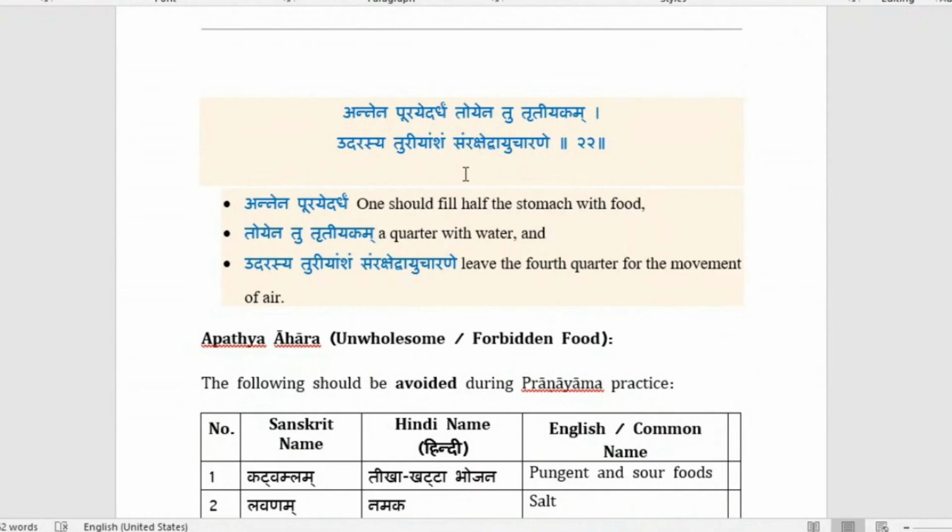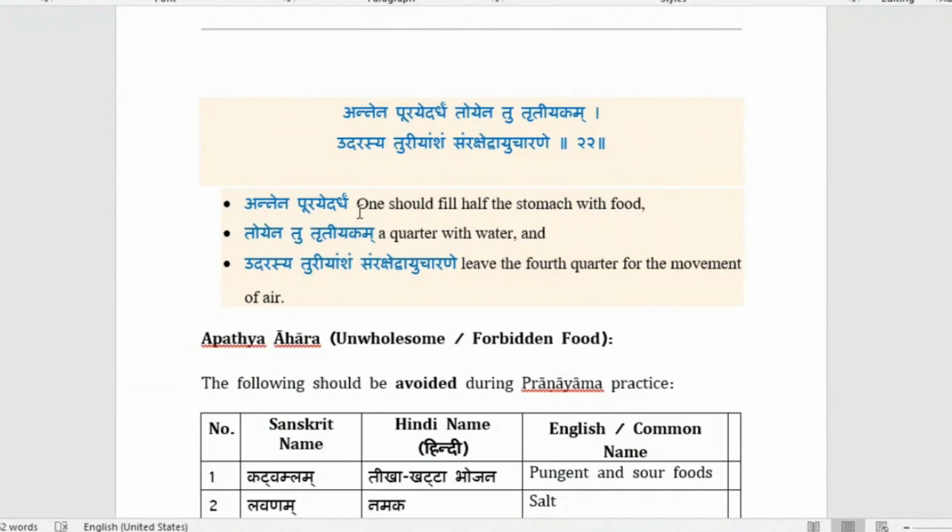Okay. But it was not clearly mentioned by Swatmaram. He had said that Chaturthansha Vivarjitam. That means 1/4 part of your stomach should be empty. And then here what it is said that Annena Purayat Ardham. That means one should fill. Annena means food. Purayat Ardham.